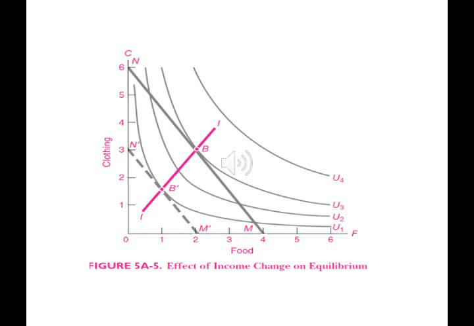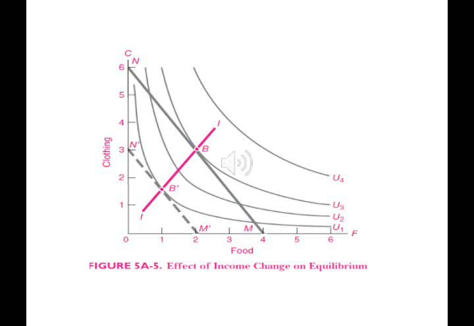The consumer's indifference map hasn't changed because his preferences did not change. Now, in order to reach our consumer's new equilibrium, we move along the new budget line N prime M prime until we reach the highest possible indifference curve.